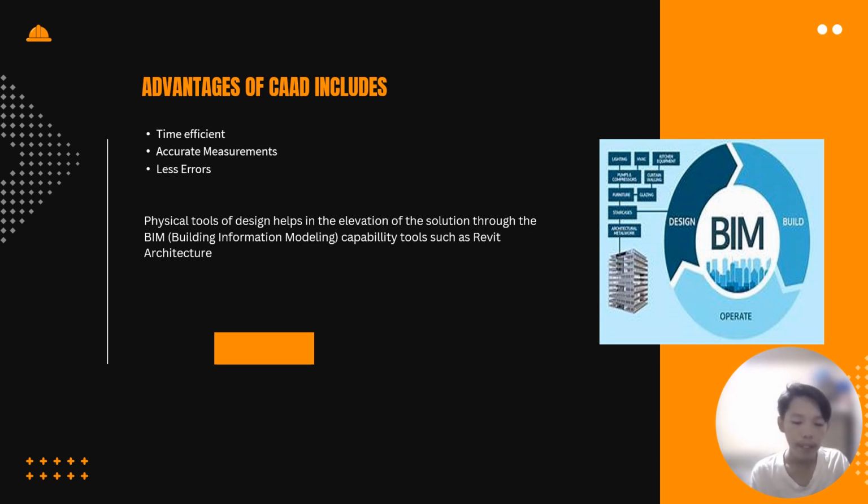So, BIM allows for better visualization of the project, which can help identify the potential issues early on in the process, and also reducing the risk of errors and also having to do it again.